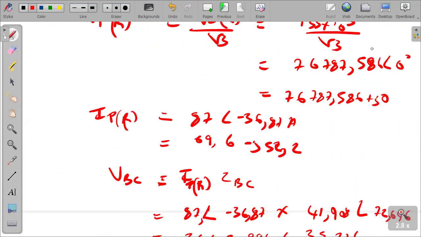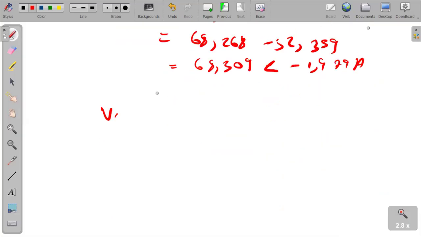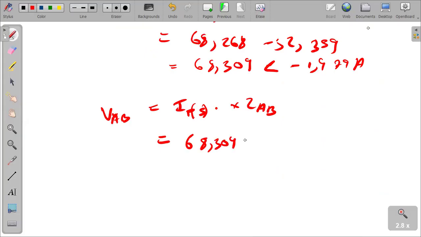So let's calculate it. VAB is equal to IPS, the sending end phase current, multiplied by ZAB, which is equal to the sending end phase current, we have it, 68.309 angle of negative 1.979.